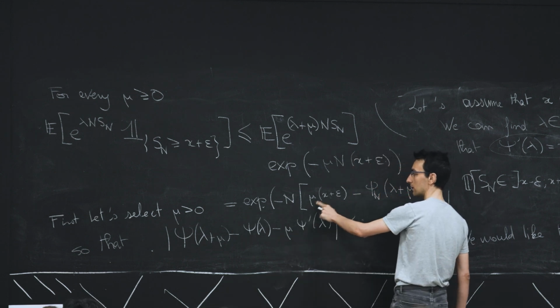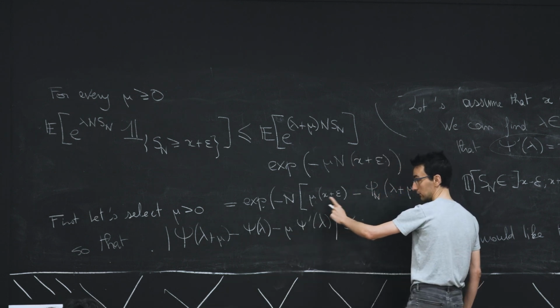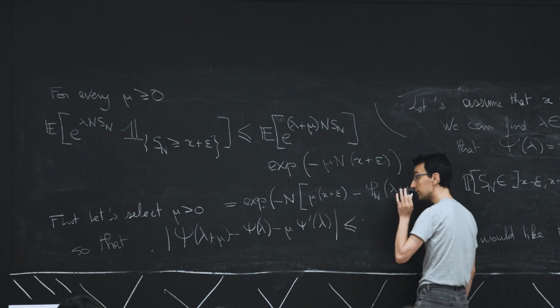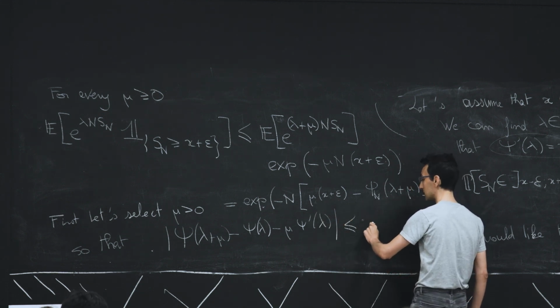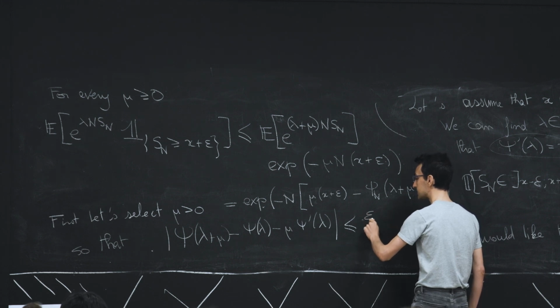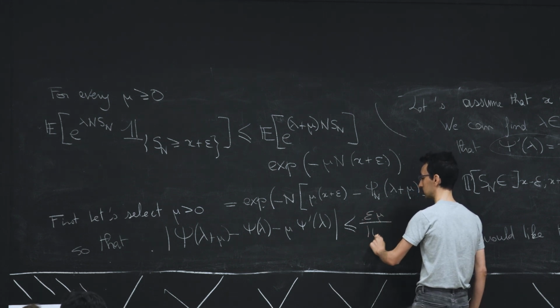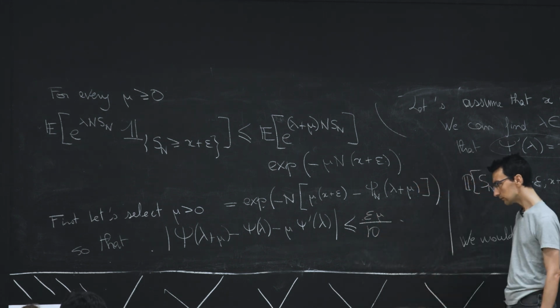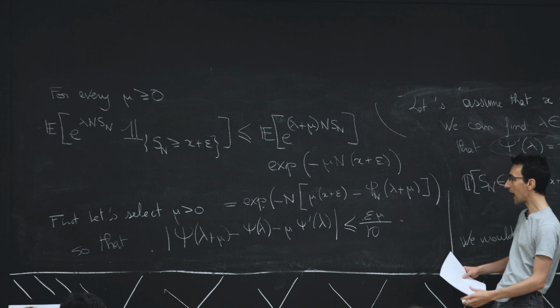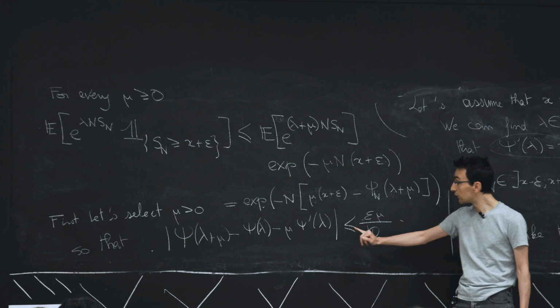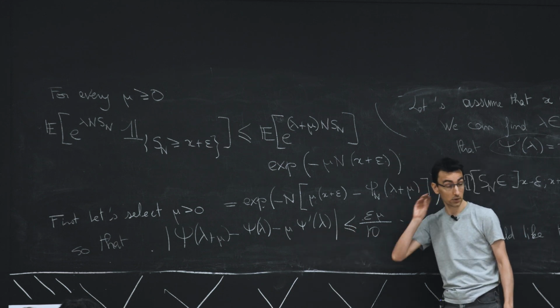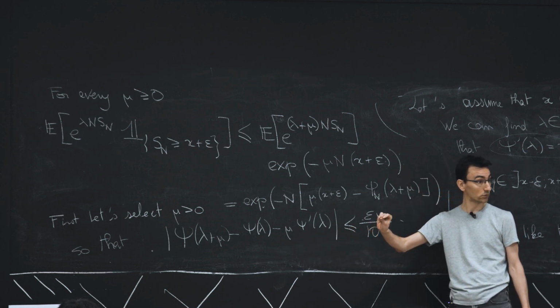Remember, we want to win against mu epsilon, which is our friend, so I want this to be smaller than mu epsilon, and let me take some margin. So let me say this is smaller than epsilon mu divided by 10. I can do this because the function psi is C1, so this should be little o of mu as mu goes to 0.